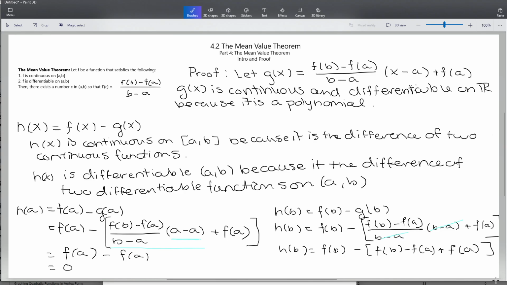Okay, now this minus f of a is going to cancel with this plus f of a. Okay, so these two are going to cancel out. This one and this one. Okay, and that's going to leave me with f of b minus just f of b. Okay, so h of b is also 0.